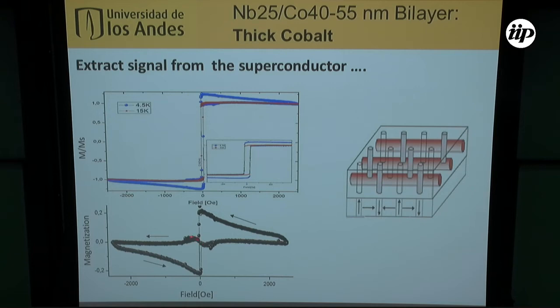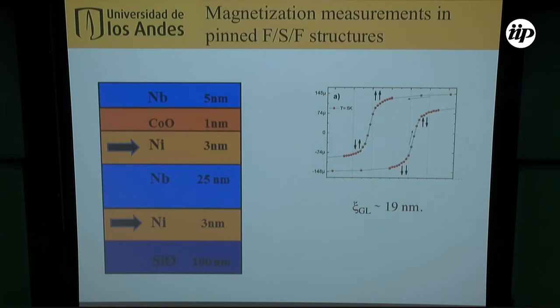Then you go back, and little by little the vortices in the other direction, in plane, start entering the sample, eliminating the other vortices which are there. Then the process repeats when I finish the cycle. So indeed, these two results, the critical current and this one, make sense of what is going on in these structures.